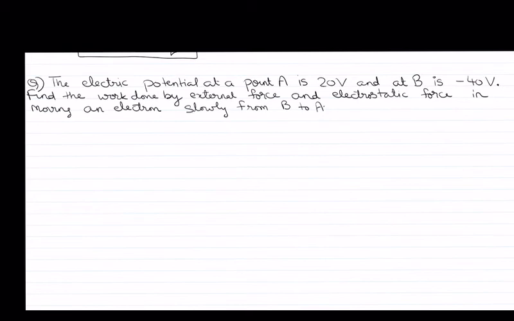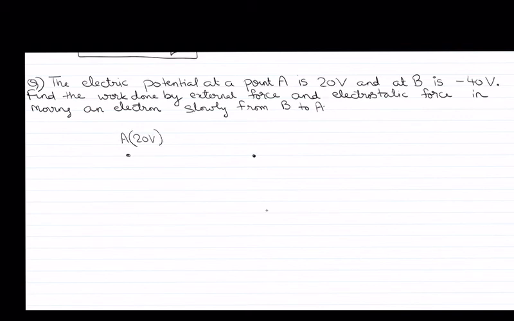So let us take another question. This question says that the electric potential at a point A is 20 volt and at B is minus 40 volt. Find the work done by the external force and electrostatic force in moving an electron slowly from B to A. Suppose this is a point A having a potential of 20 volt.